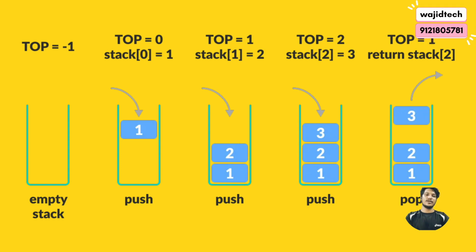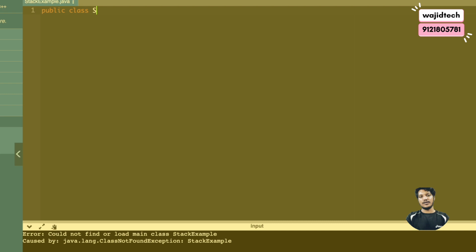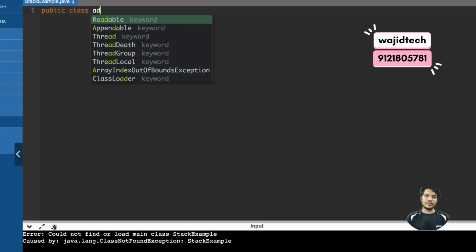So have a look. We'll start with the public class. I'm assuming that you already know about Java. If you don't know, just explore, or you can contact me directly on the number available below on wajidtech.